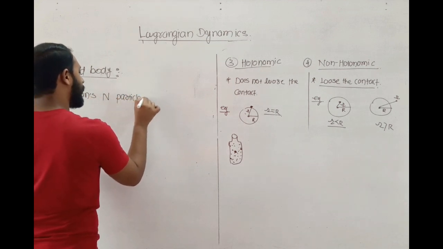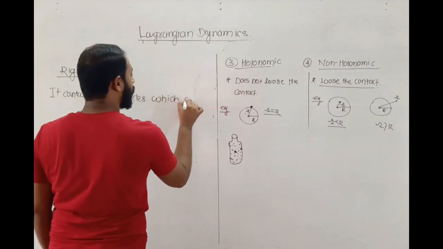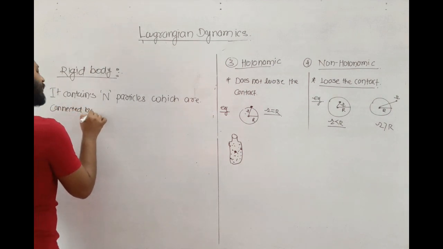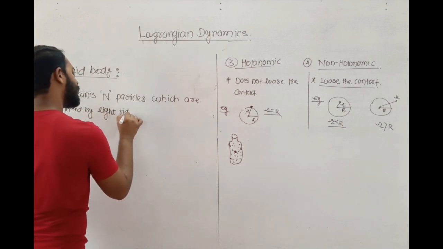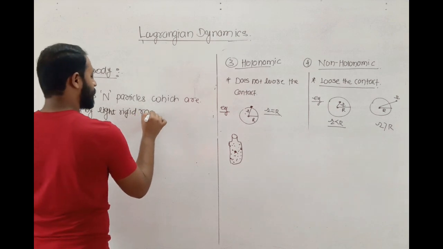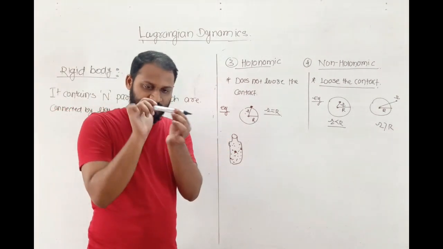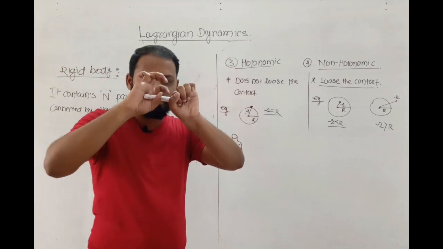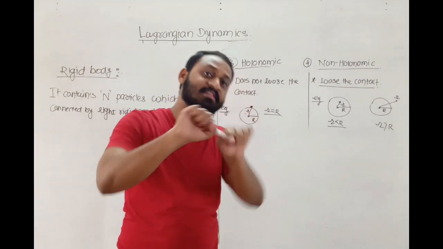It contains n particles which are connected by light rigid rods. जैसे कि if I consider the two particles here and here, these two particles are connected by this light rigid rod. So this type of system is called rigid.